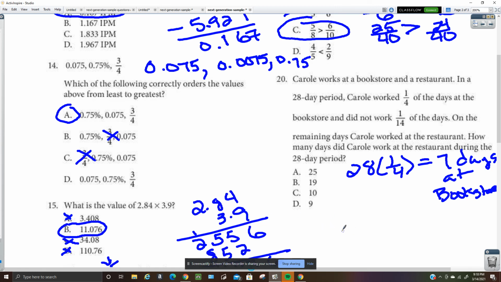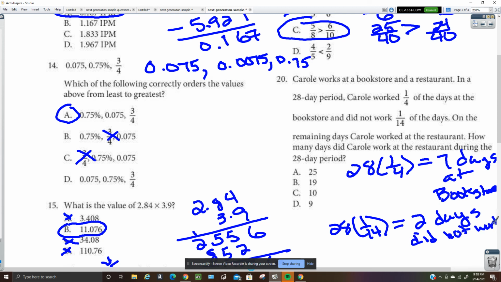And did not work 1/14 of the days, so that's 2 days. And then how many days she worked at the restaurant would be 28 minus 9. Would be 19.